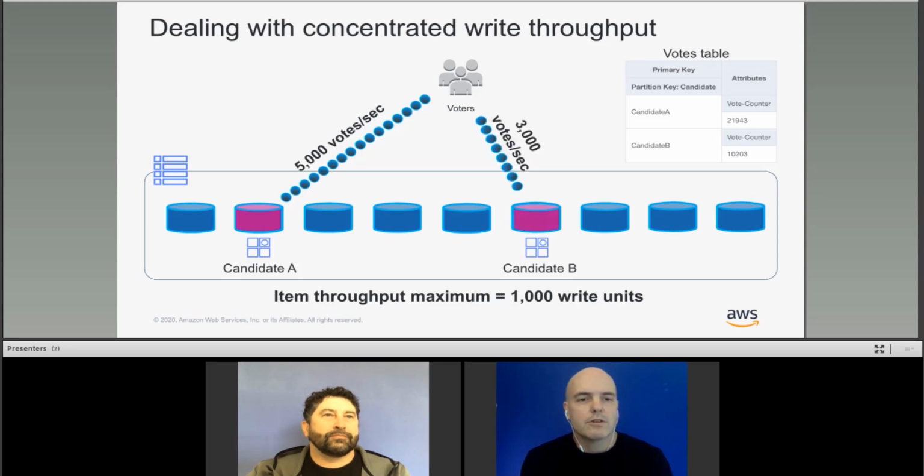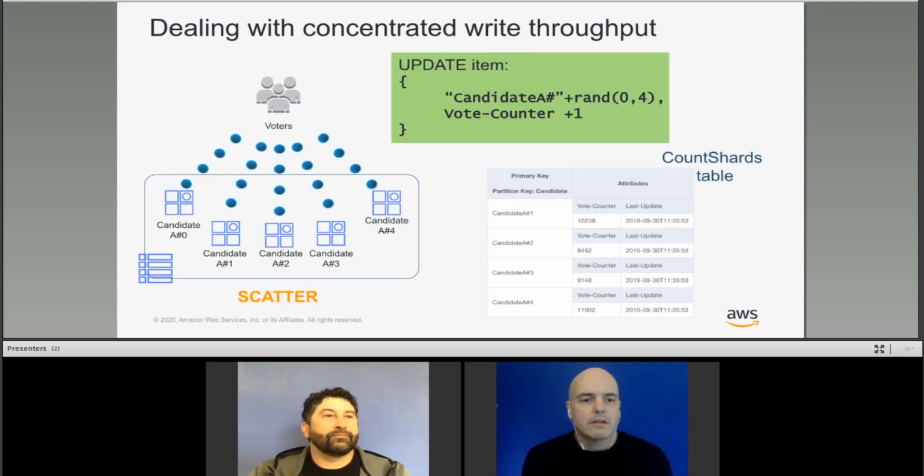Right, so we can shard with an artificial sharding key. We could say, hey, write to candidate A, modulo some random number between 0 and 5, right? And we'll still have to gather those and assemble those later when we do our final tallies, but essentially we'll be able to fan out the writes to multiple partition keys within Dynamo.